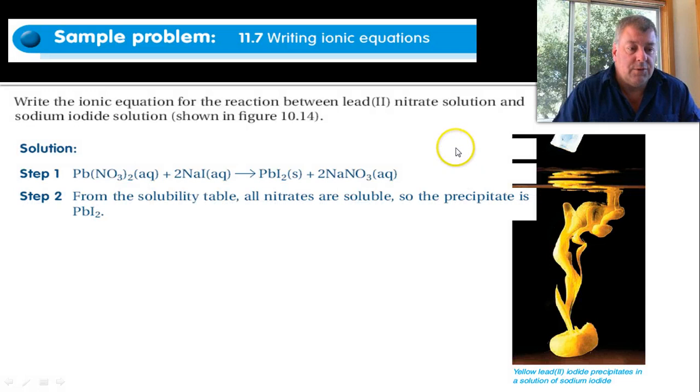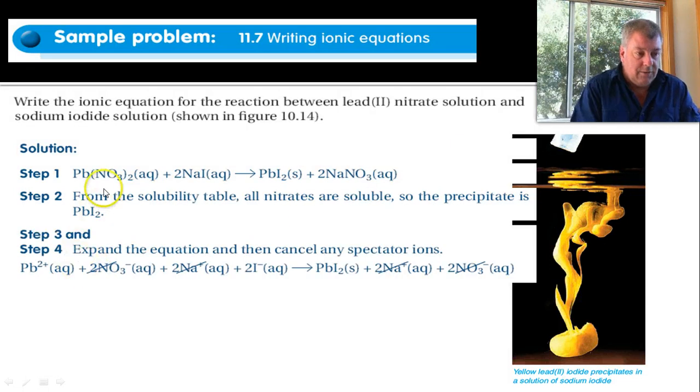Okay, so you work out what the precipitate is, and so we've expanded this into the ions. Anything that's aq has been expanded into the ions. And a couple of things to note: this 2 here, because that's been balanced, it translates into a 2 there and a 2 there. So we need 2 sodiums and 2 iodides to match up with this 2 here.